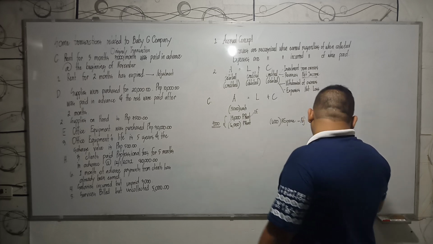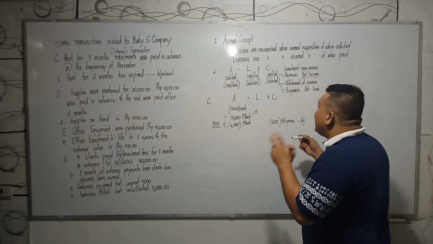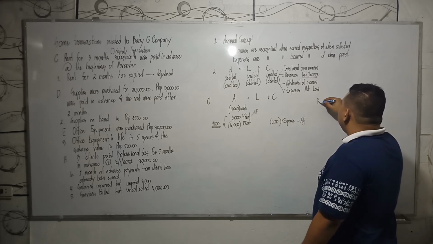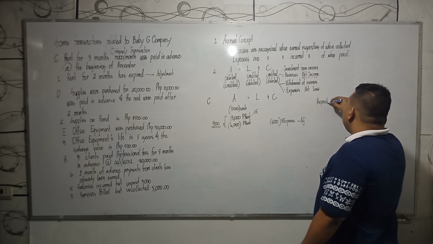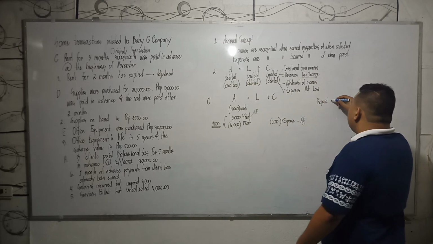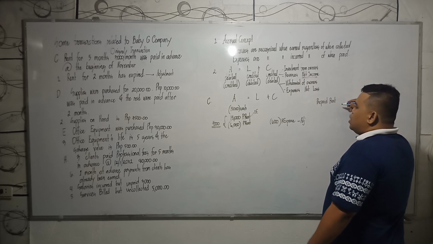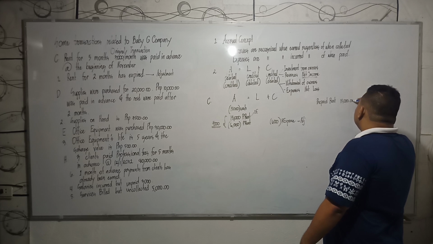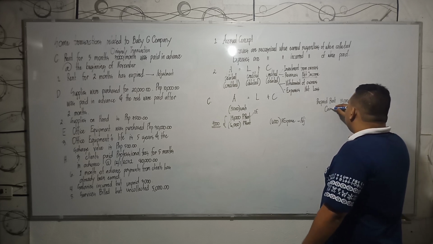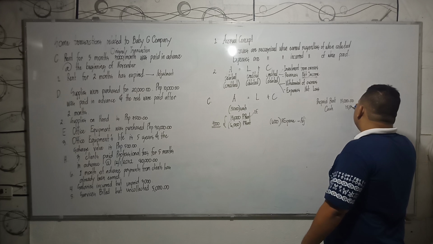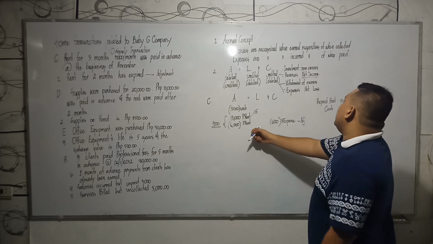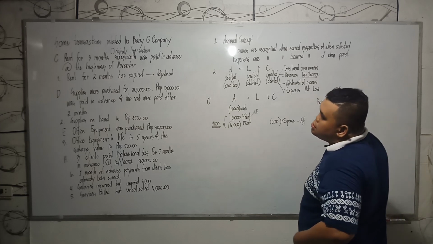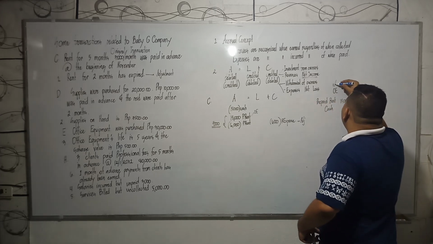Now, let's make the original transaction entry. It's just debit prepaid rent, because again, the asset, if it is increased, should be debited: prepaid rent. How much? It's 15,000. And then credit cash, 15,000. Okay? And this is the original entry, and this happened at the beginning of November, so 11/1.